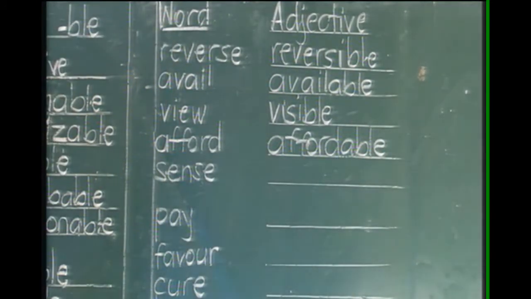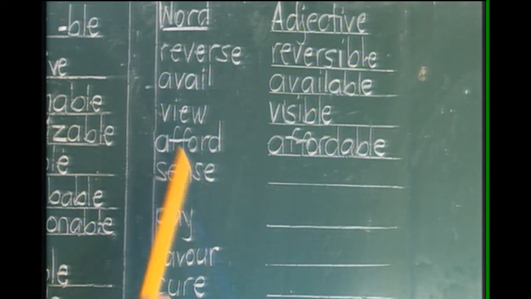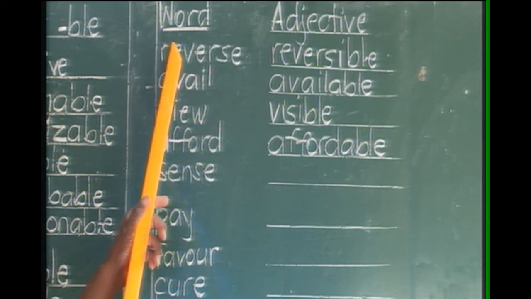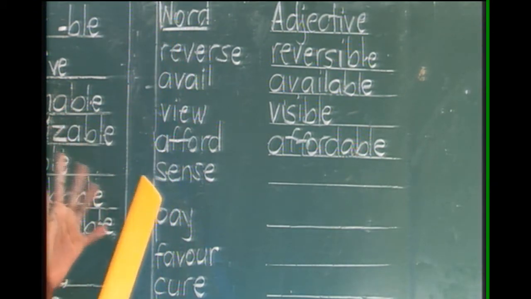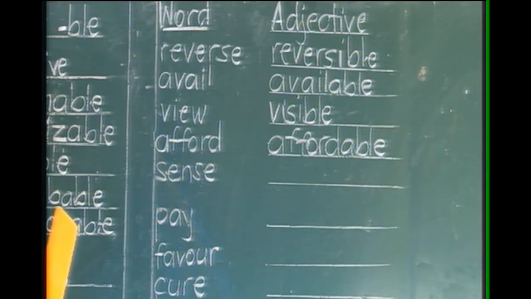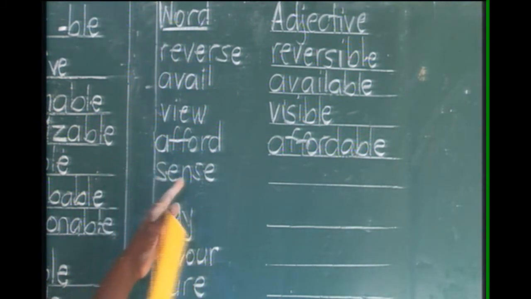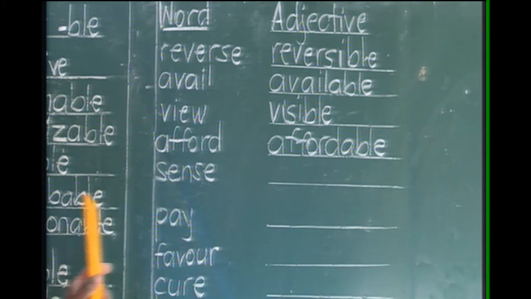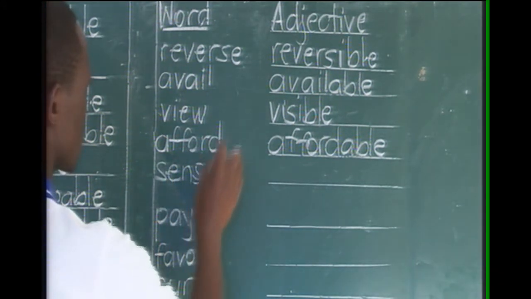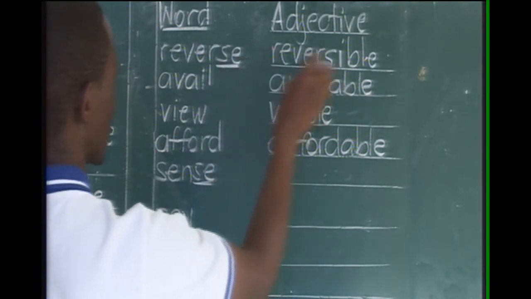After affordable, to sense. When you take sense, afford, view, avail, reverse, there is a word that slightly resembles sense. You've already noticed it in this list. One word only resembles sense. Check the last two letters. S-E. What has happened here?